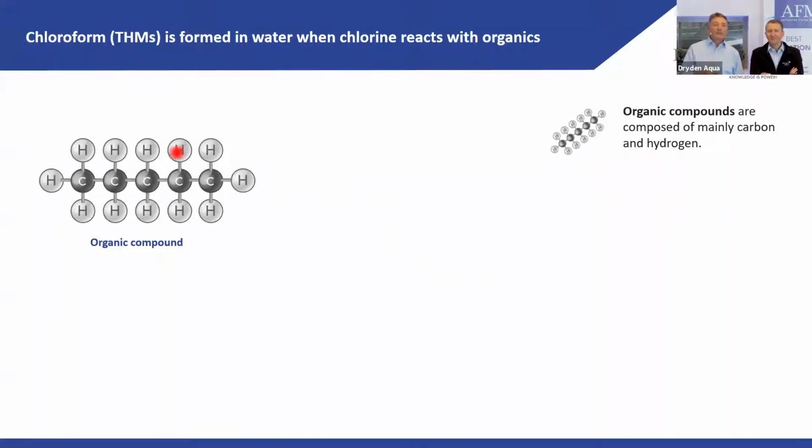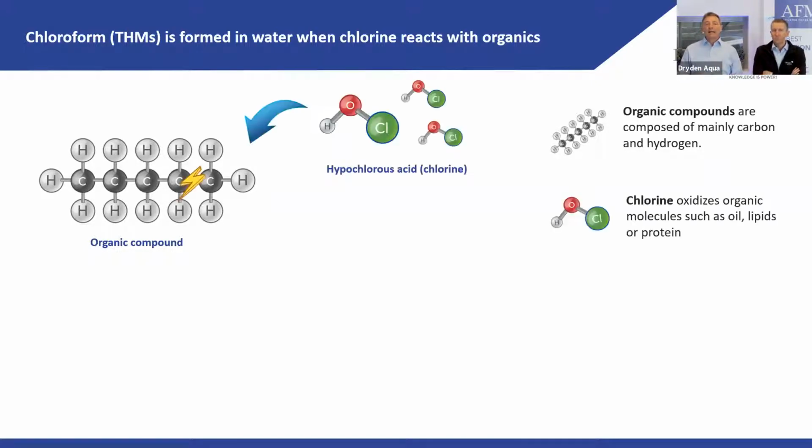Here you see an organic compound. There is carbon, usually long chain molecules surrounded with some other atoms, usually hydrogen, this H. This is an organic compound. Now we have chlorine, which breaks these double bonds. They are like two hands, both carbons give a hand and you break them.